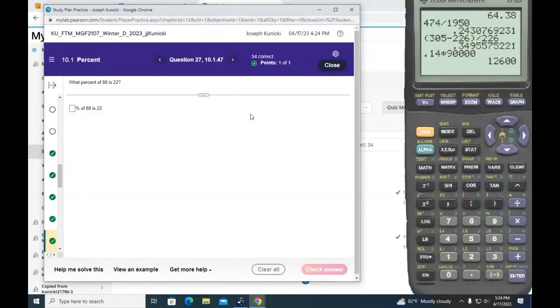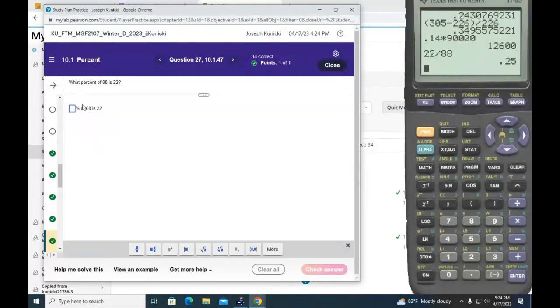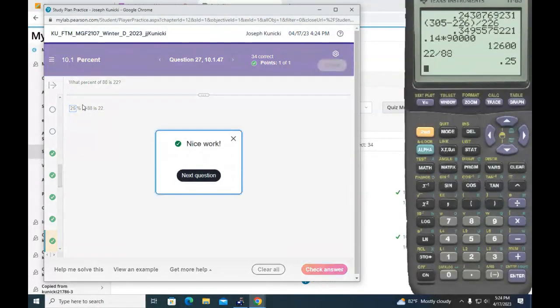So X is 25. Right? You agree, 22 divided by 88? So 25%. After you see it and you read it, you go, oh yeah, 25%. I automatically think of 1/4. 1/4 of 88 is 22.